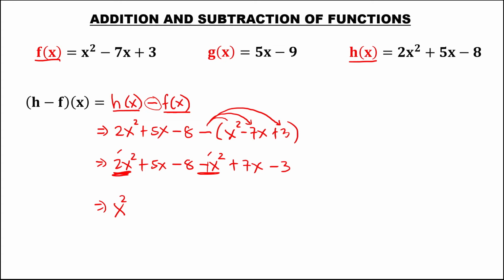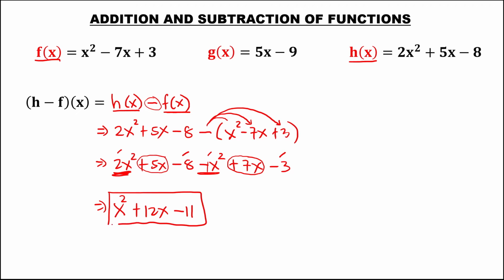Then for positive 5x and positive 7x, the same sign, you add, this is positive 12x. And for negative 8 and negative 3, the same sign, so you add, this is negative 11. So this is now the difference of these two functions.